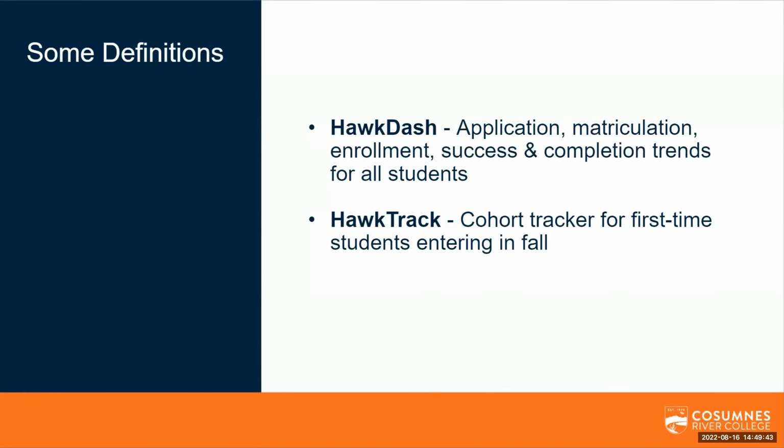The HawkTrack is a cohort tracker, which means that we're looking at first-time students entering in fall and tracking their progress throughout their time at CRC. So the difference there is that these are first-time students only, as opposed to students at any point in their journey. Paul, do you want to add anything to that? Nope, that's 100% accurate. Good job, Katie. Thanks, Paul.